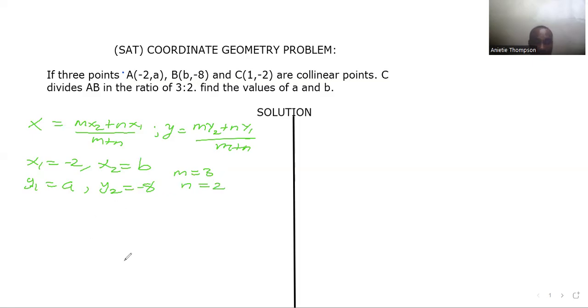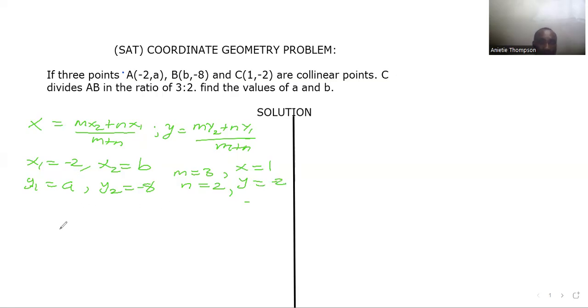If we substitute into the equation that we have here, x is the first coordinate of the point C. So that means x equals 1, and y equals -2.